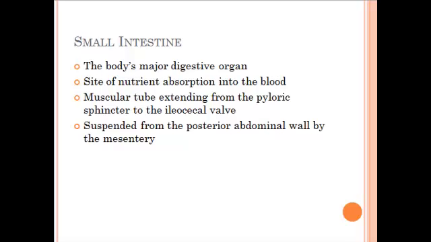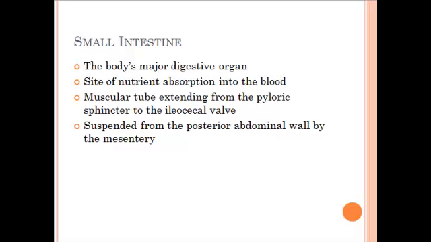So the small intestine is quite long, and it's a muscular tube that goes from the end of the stomach, the pyloric region, clear down to the beginning of the large intestine at what we call the ileocecal valve. And it's attached to the back of the abdominal wall by the mesentery, as we saw in this earlier picture.